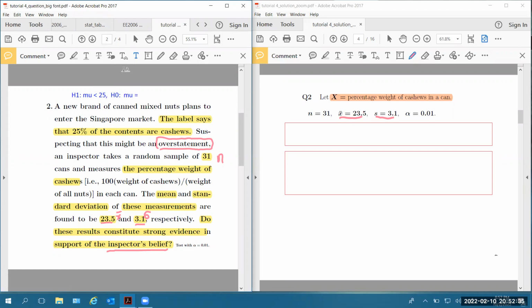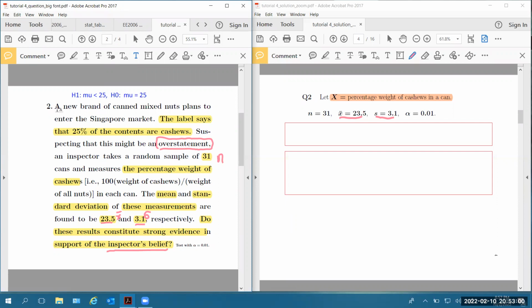Can it be equal to any other different number? Cannot. It must be the same number. So this is our H0 and H1. Is that all right? Class, everyone okay? Any questions? Looks like no question.